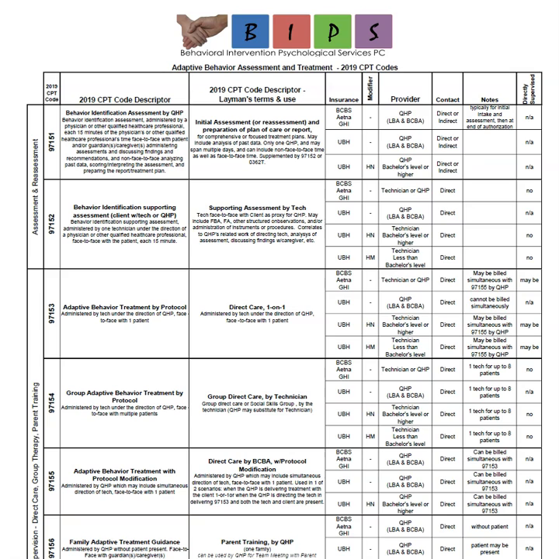There are a few things important to note. With the 97 codes, the 2019 CPT codes, we can bill simultaneously for two services provided by the QHP and the technician at the same time. Because of this, there's no need to schedule an appointment with an additional participant.